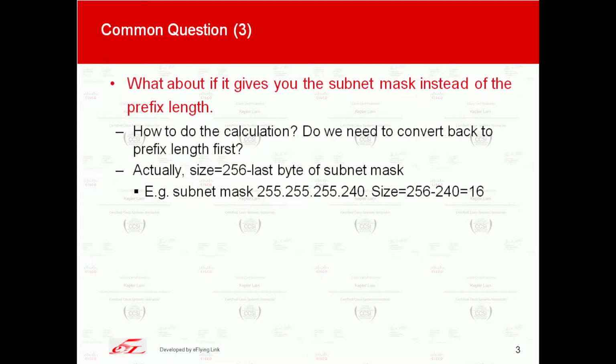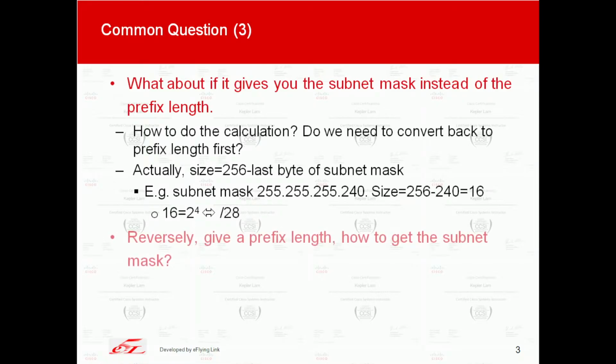In fact, you can also use this method to convert back to the prefix length. Because 16 is 2 to the power 4, that means you have 4 bits as the host bits. Then the prefix length is 32 minus 4, which is /28. Reversely, you can also use this technique to calculate the subnet mask for a particular prefix length.